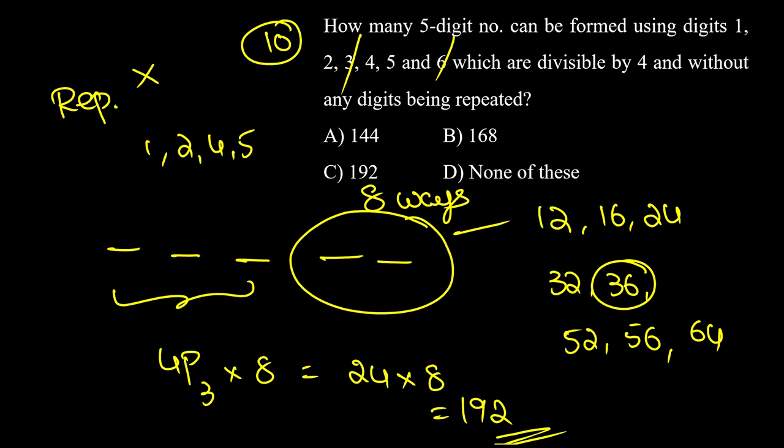Now can anyone say, if repetition is allowed, what can be your answer? This was repetition not allowed. If repetition is allowed, what will be your answer? If you have anything, please let us know.